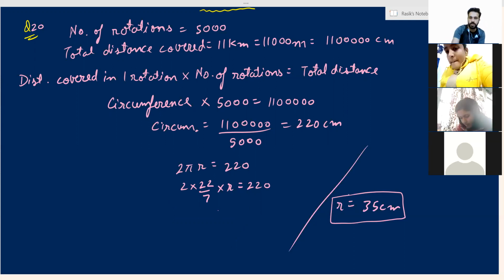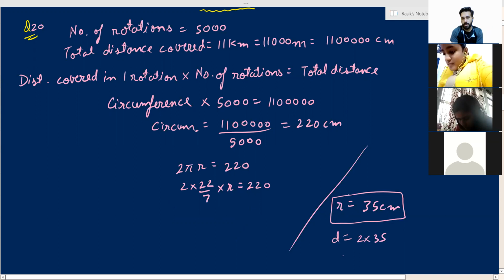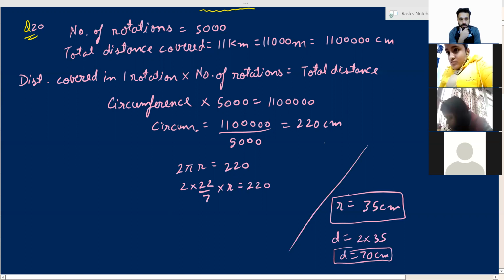So just double the radius. Diameter is equal to 2 into 35, that is 70 centimeters. Correct. Fine, all of you.